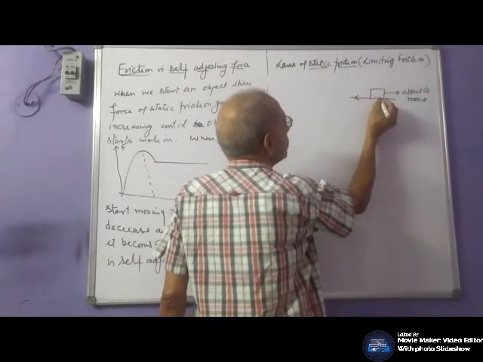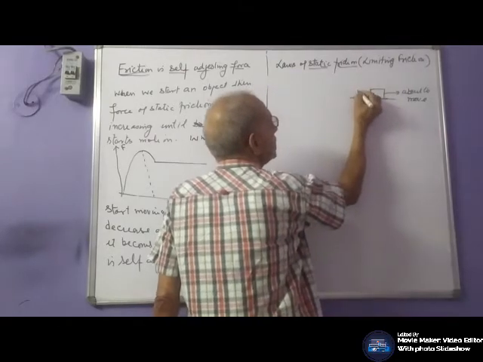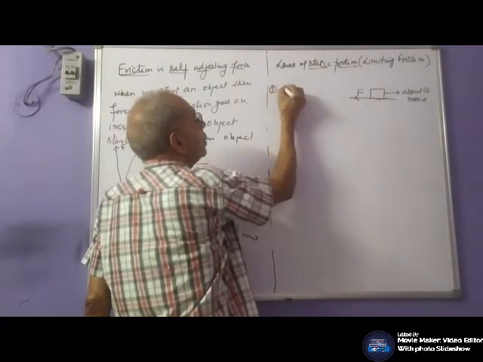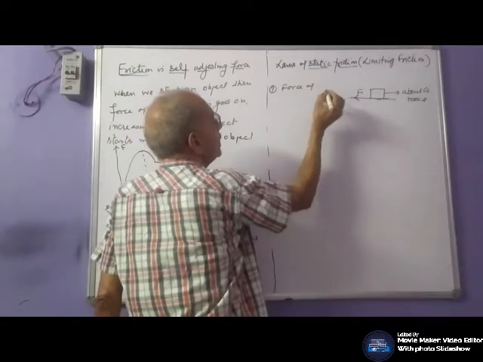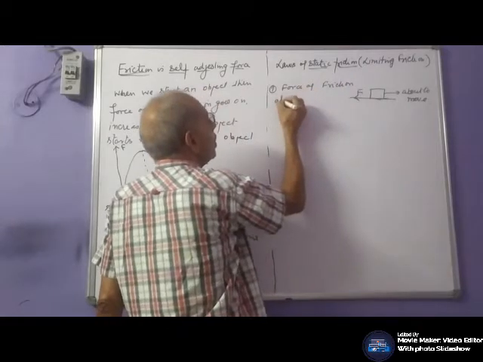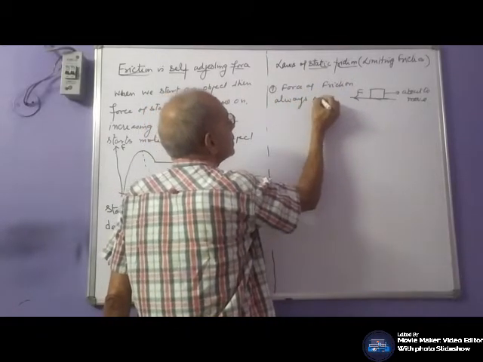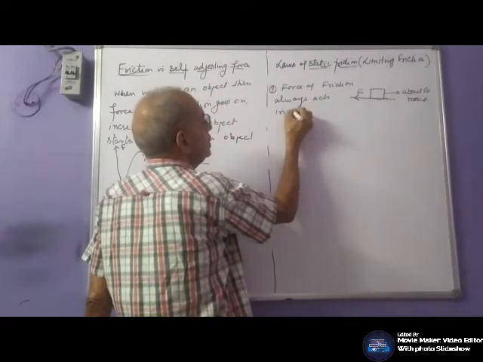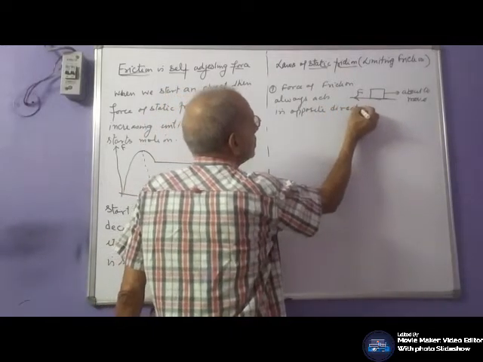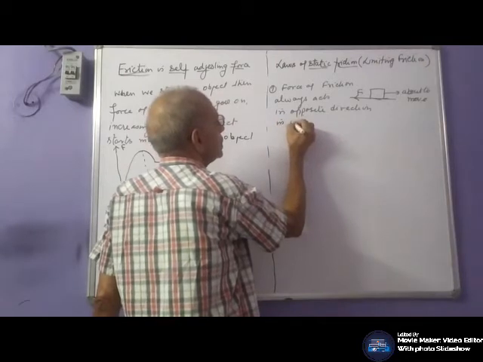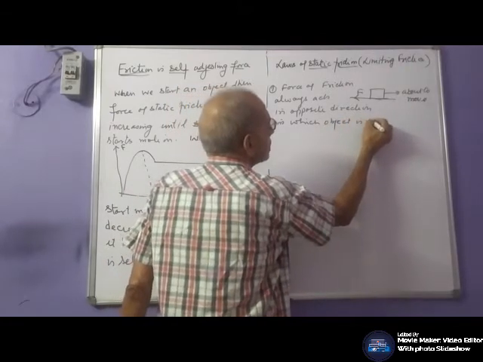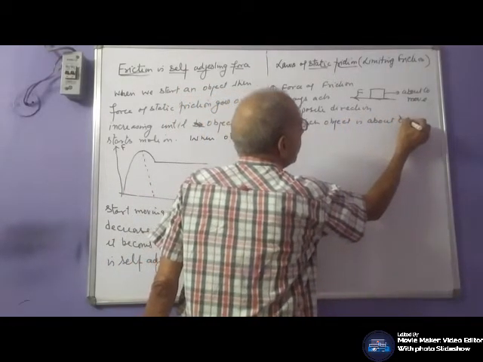Then this is the force. Where? Here, between two surfaces in contact. This is the first law. Force of friction always acts in the direction opposite to that in which the object is about to move.